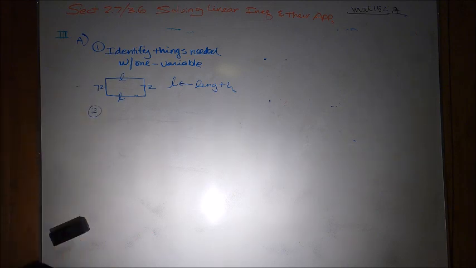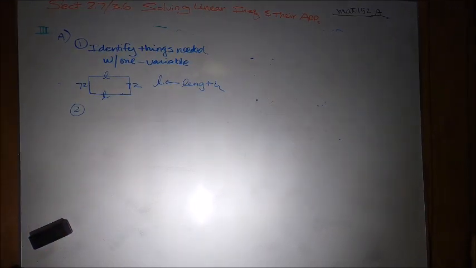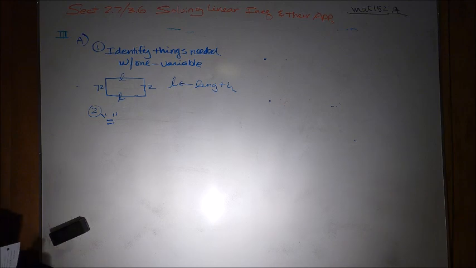Then the total material I have is 484. Then it says the perimeter is less than that, the material I can have to make the rectangle. So first step, second step, you will write an equation.